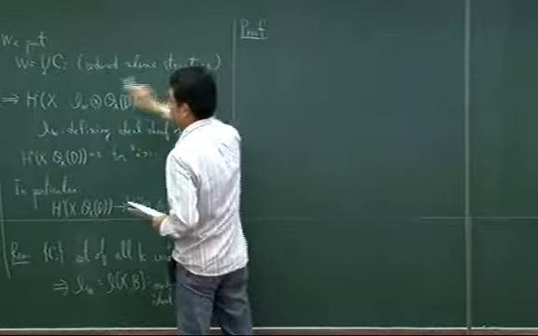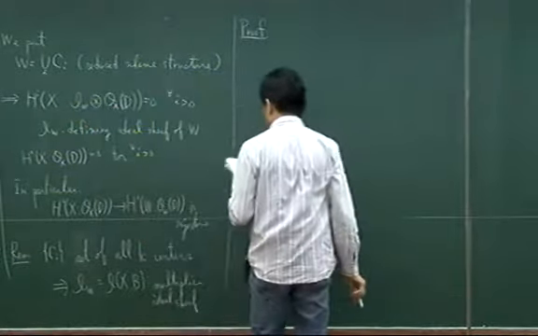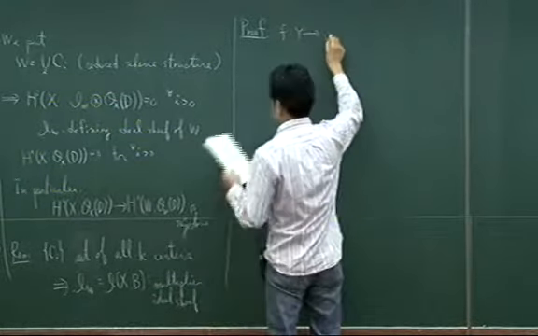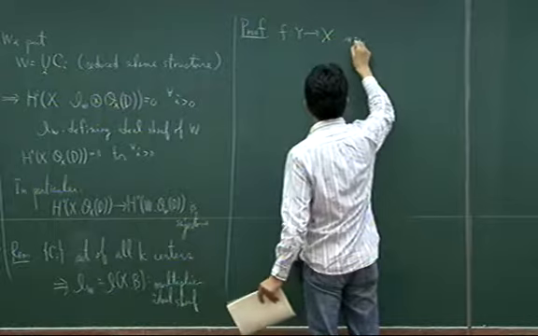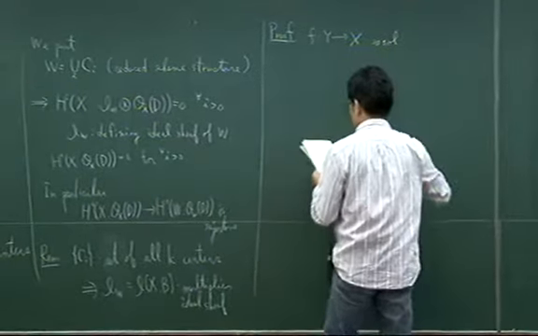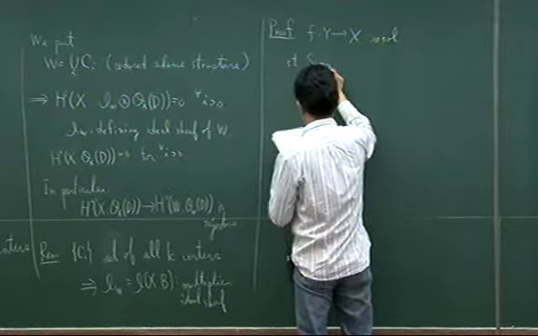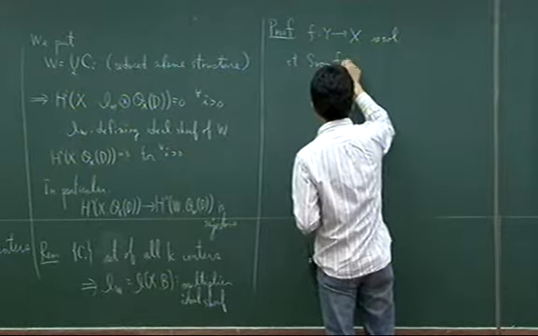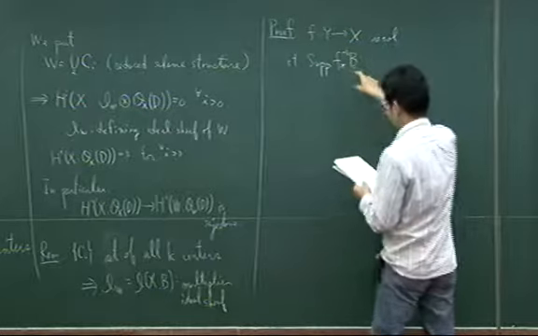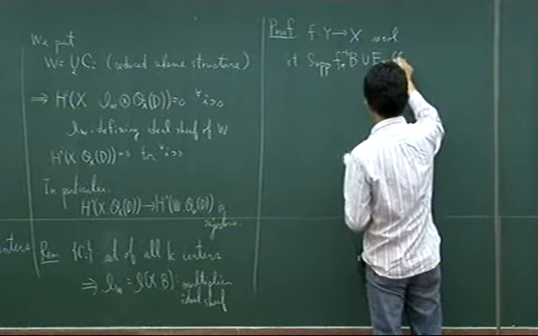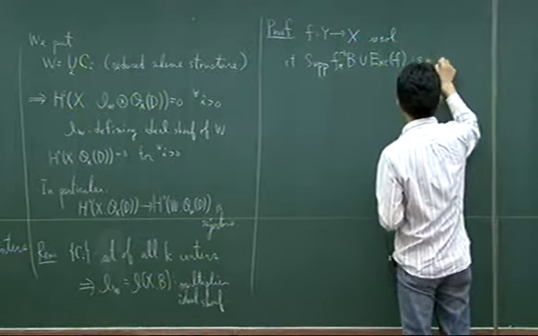I will prove this theorem in detail. Let f: Y to X be a resolution such that the support of the strict transform of B union the exceptional locus of f is a simple normal crossing divisor.